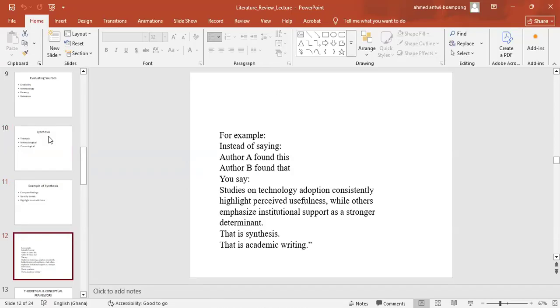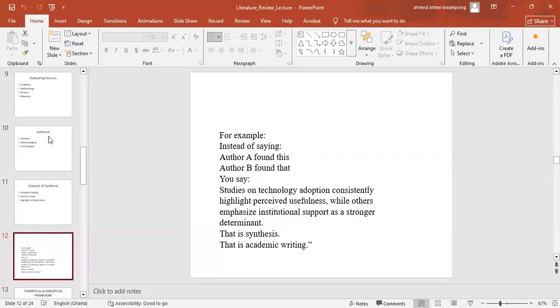It makes it easier so that you are able to do a synthesis by not saying Boampong found that or Adakwa too found that. So if there's a synthesis, you are putting a strand to it.